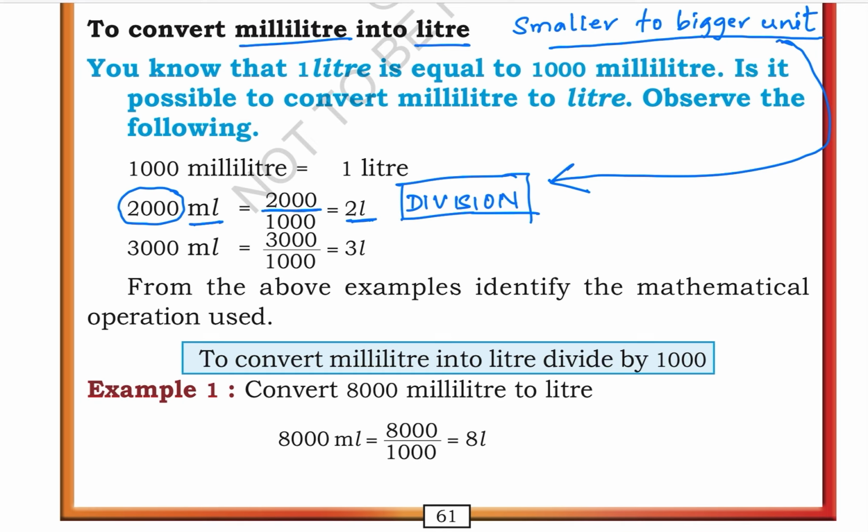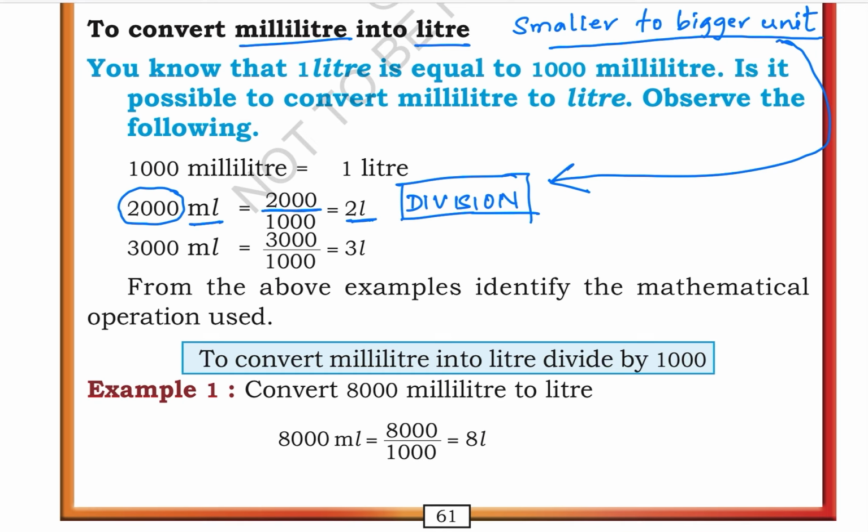Same in units of length also, units of weight also, and units of volume also. We will divide it by 1000. Why by 1000, not by 10 or 100? Because the relationship between milliliter and liter is 1000 milliliter is equal to 1 liter. So, we will divide by 1000, right?